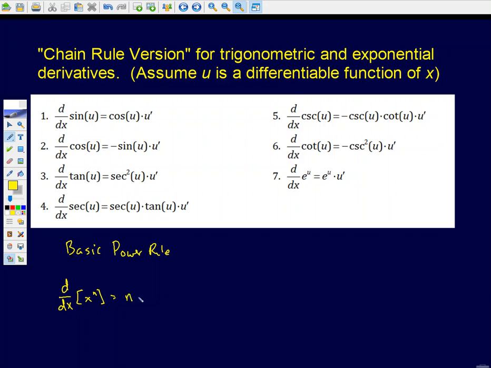It's n, bring the power down, and then decrease the power of x by 1. But that is only if the base of the exponent is the variable x. In the previous example, we had a power function where the base was another function, x squared plus 4. That leads us to what we call the general power rule, or what I would also call just the chain rule version of the basic rule. The general power rule is the chain rule version.